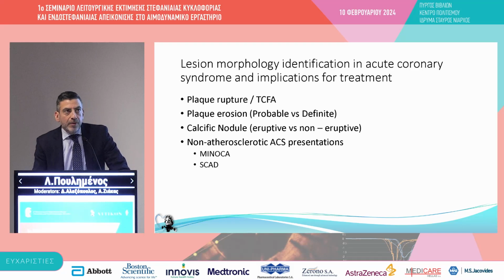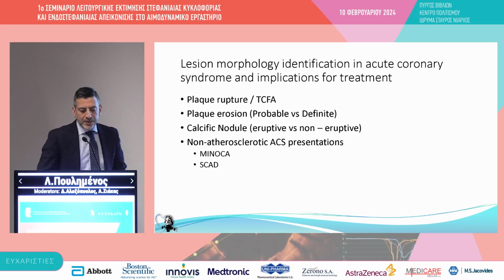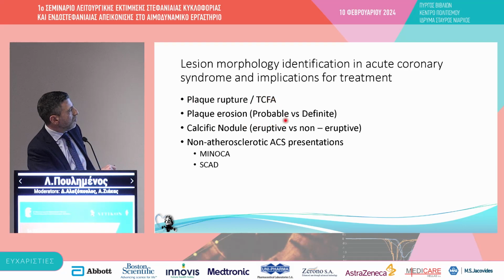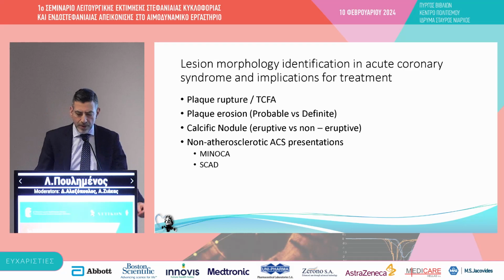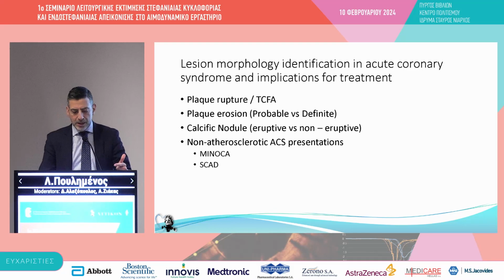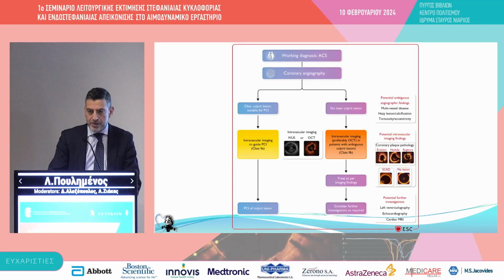The other part is that we have to characterize lesion morphology and identify plaque rupture, fibroatheroma versus plaque erosion, probable versus definite, and calcific nodule, eruptive versus non-eruptive, and also the non-atherosclerotic ACS presentation we mentioned before, MINOCA, and spontaneous coronary artery dissection.